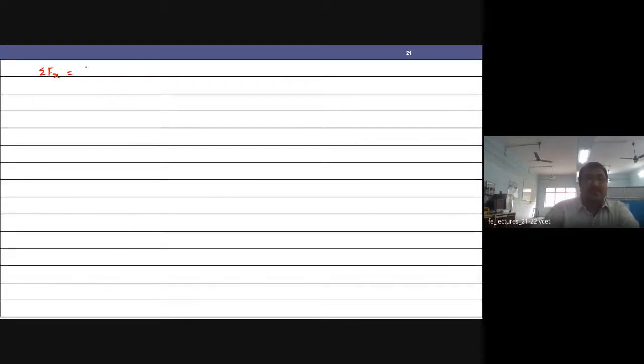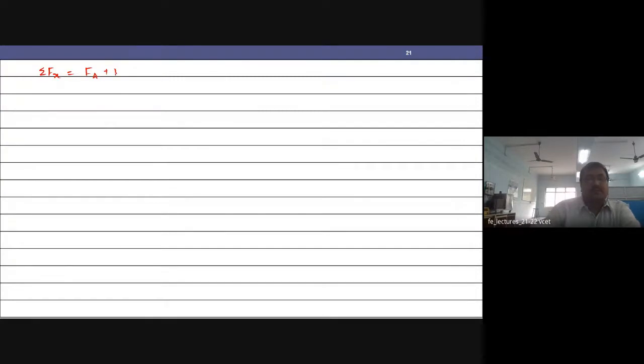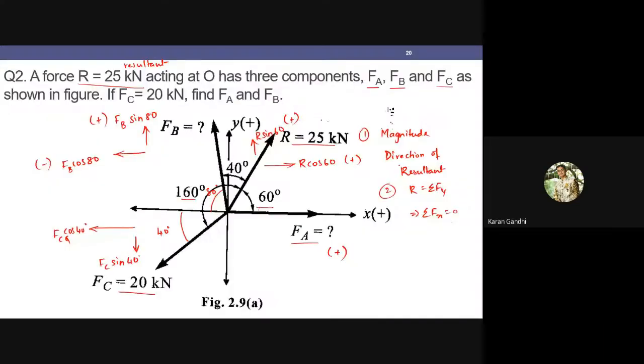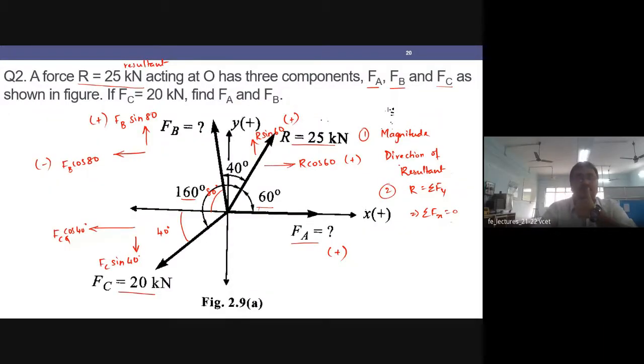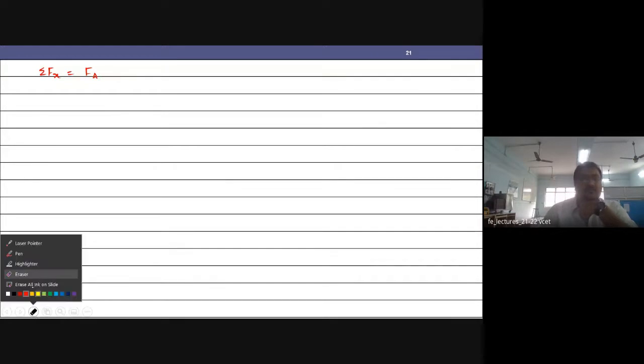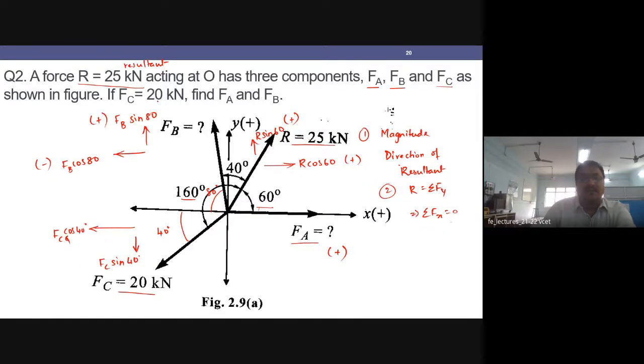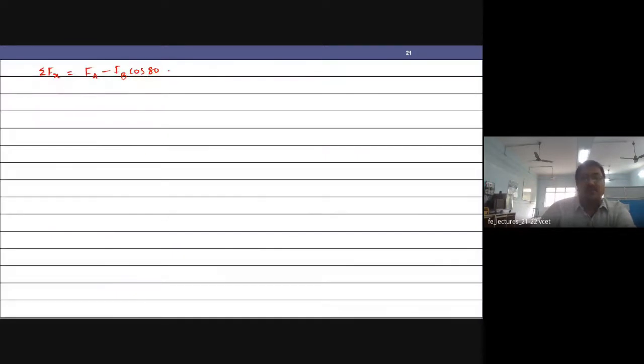So sigma Fx will be FA minus FB cos 80, and then minus FC into cos 40.